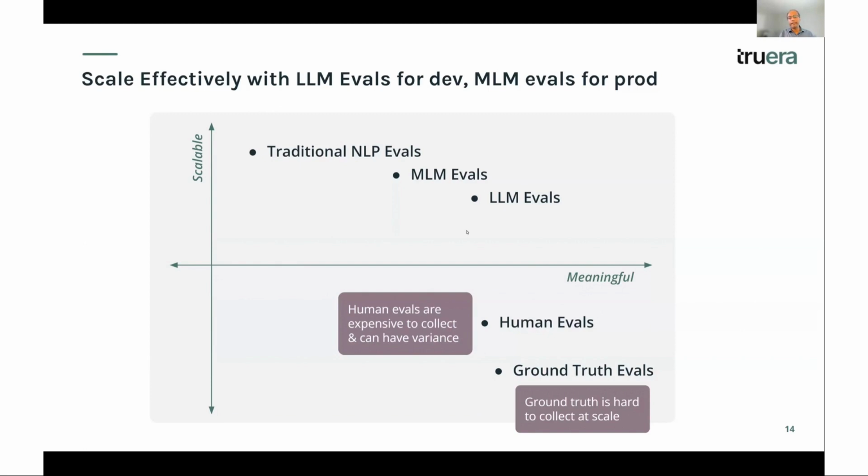Where we see the path to scalability is up here through programmatic evaluations. For large language model-based applications, a natural place to start is with traditional NLP evaluations like BLEU scores and ROUGE scores. That's a useful weapon to have in your arsenal. However, they do have fairly significant limitations in terms of being meaningful because they're quite syntactic.